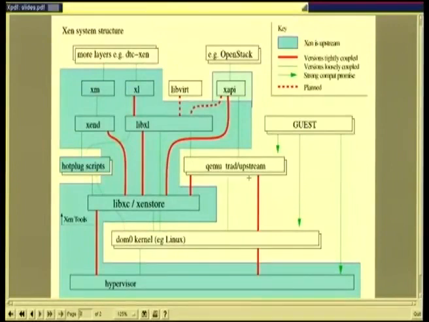Even more, we aim to support live migration of guests from old versions of Xen to newer ones. So if everything is working well, you should be able to upgrade your Xen host without needing even to reboot your guests.